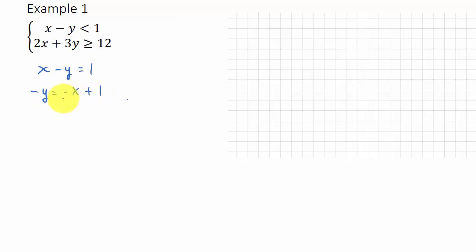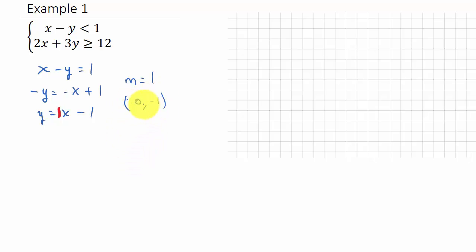And then I'll divide through by negative 1, so that's y equals x minus 1. So here I have a slope of 1, that's the number in front of x, understood to be a 1 there. And my y-intercept is (0, negative 1).